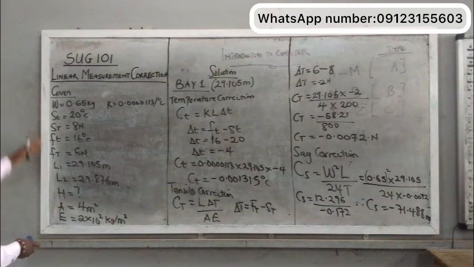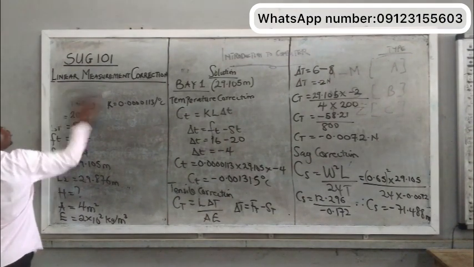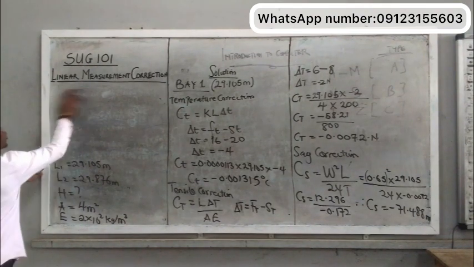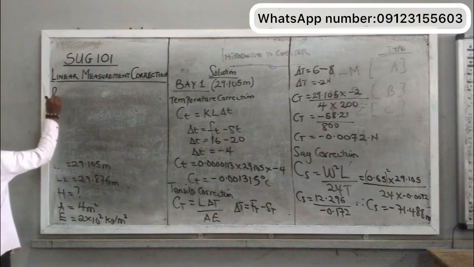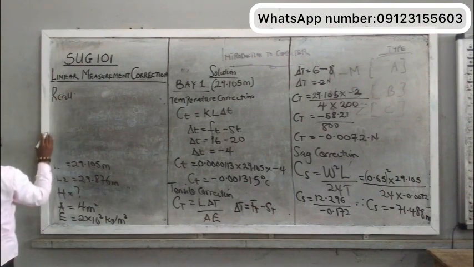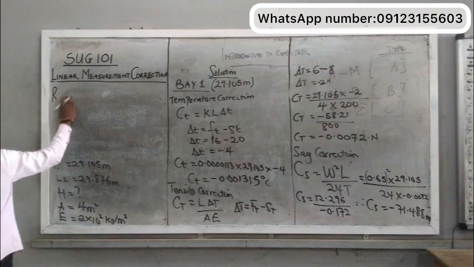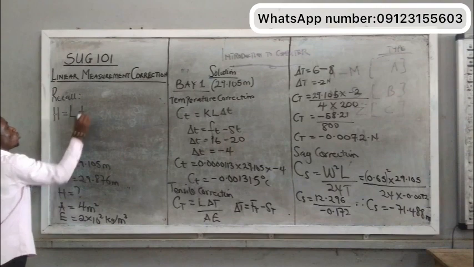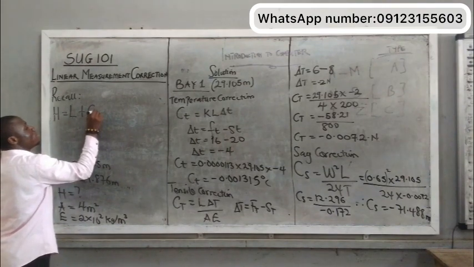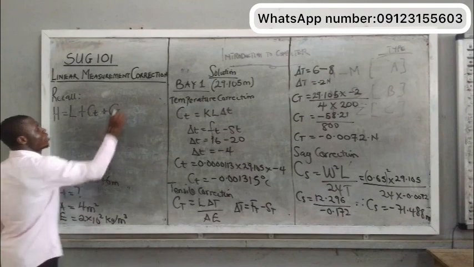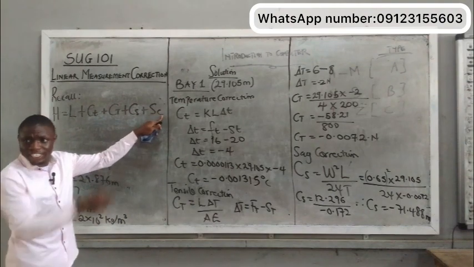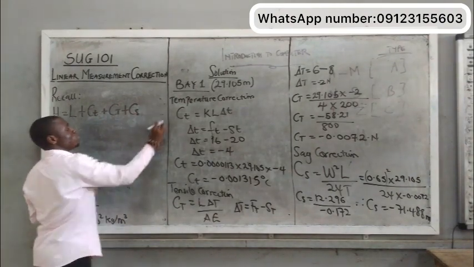My true horizontal length H becomes... recall that we said H is equal to N plus CT plus capital CT plus CS plus SC. But this is slope correction. Is it even there? No. Hence, I will erase this out. I'm done. Now put the values.